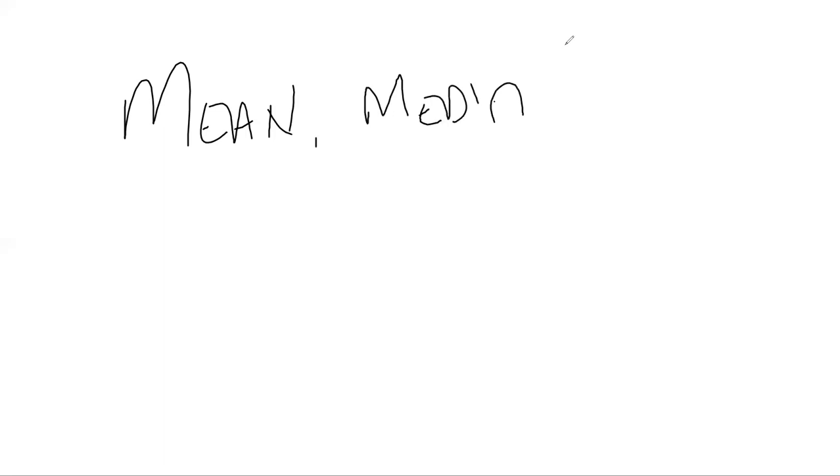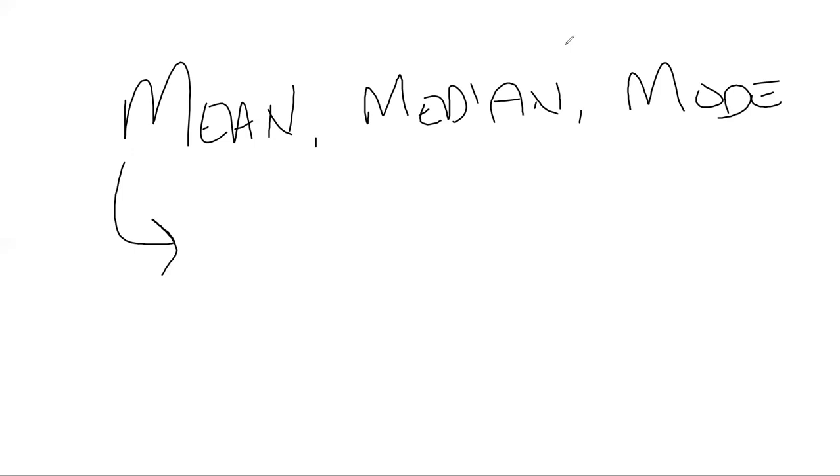But today, one of the things I want to talk about, and hopefully this is a little bit of a review, is mean, median, and mode. Okay, so let's talk about first how we find the mean.